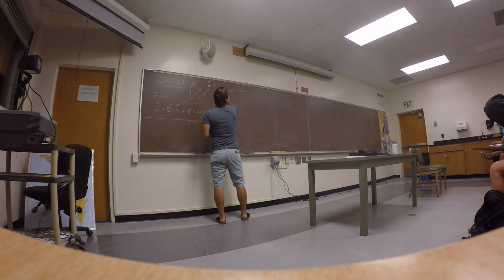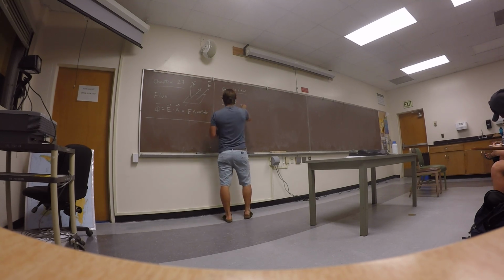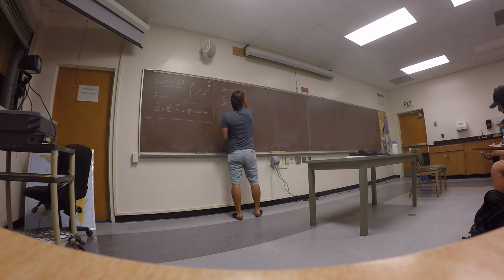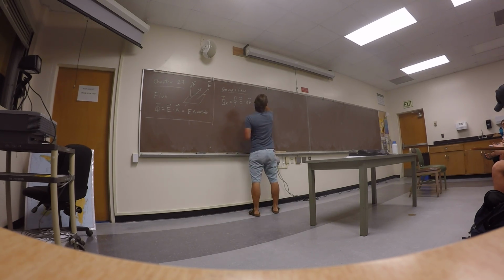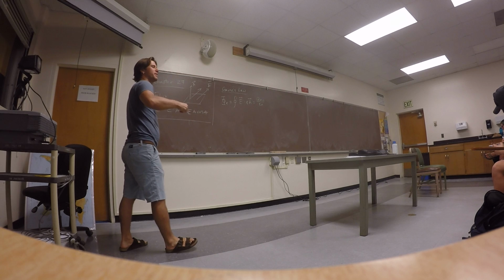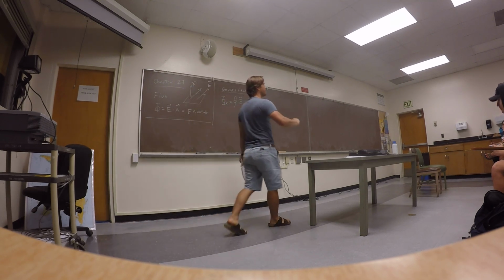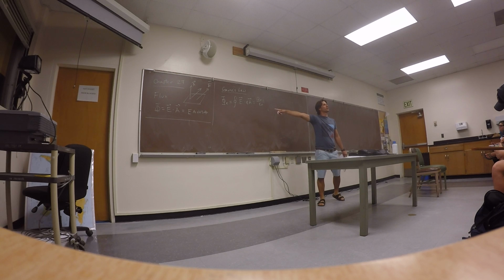What it says is that the flux through some closed surface is equal to the amount of charge enclosed over epsilon naught. This is a very powerful statement, and the whole reason why it's powerful is because you can use symmetry arguments to break this integral into a very easy integral or somewhat easy integral.